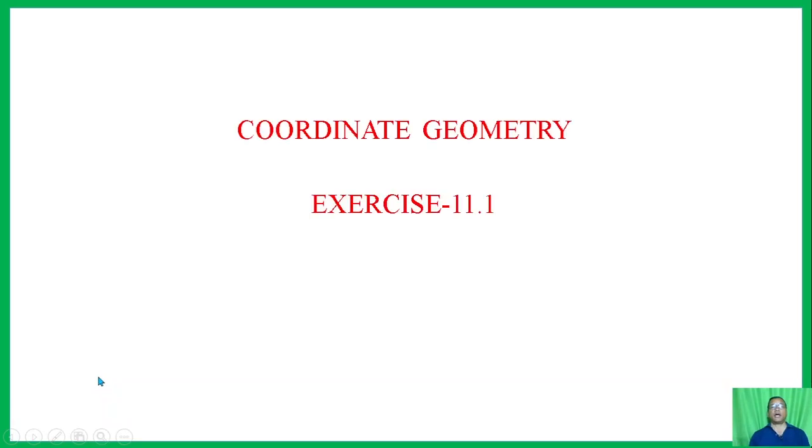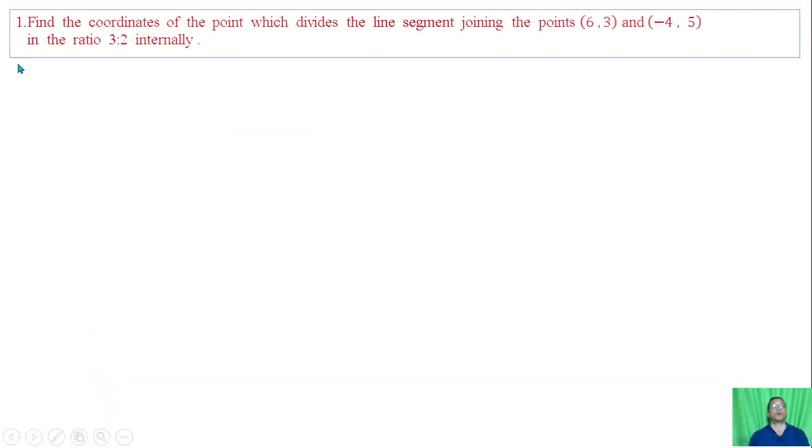Coordinate geometry, exercise 11.1, question number 1. Find the coordinates of the point which divides the line segment joining the points (6, 3) and (-4, 5) in the ratio 3:2 internally.